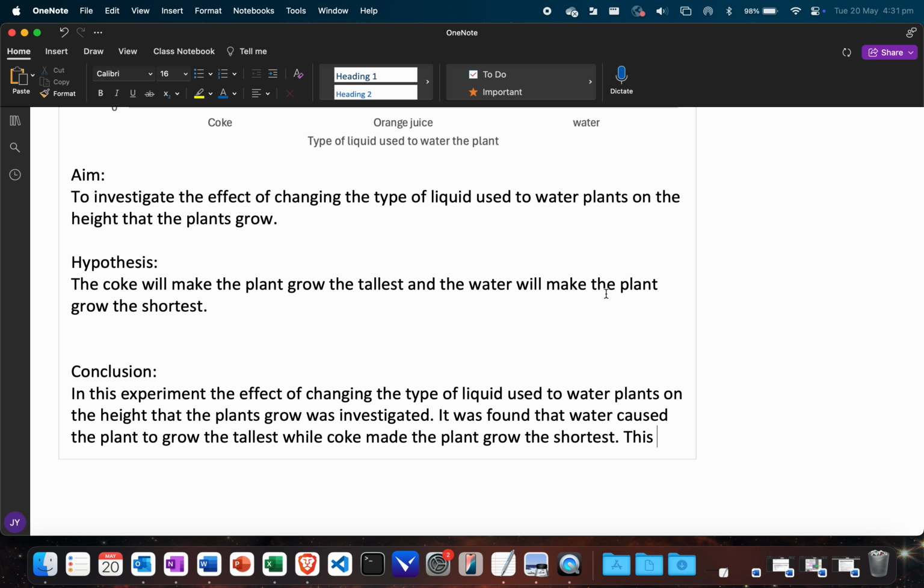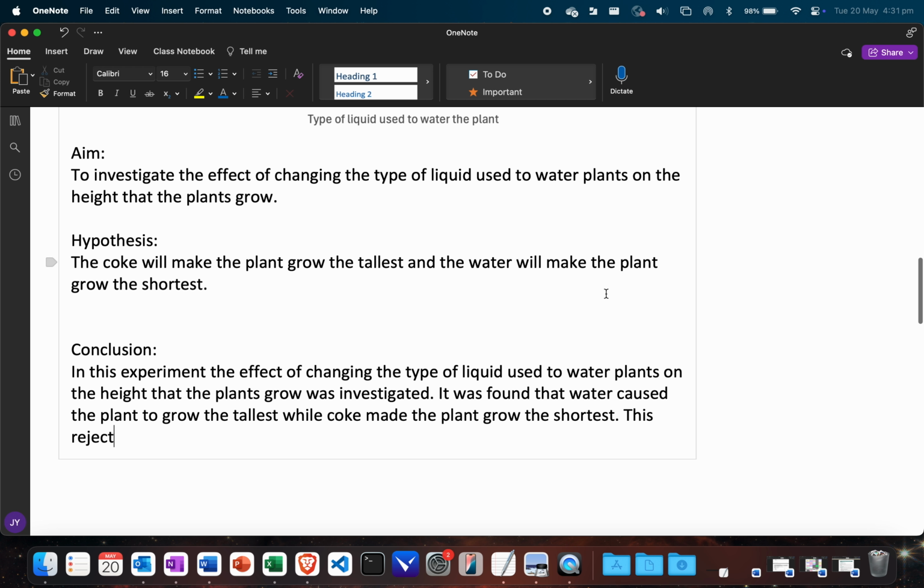This meant that the hypothesis was, you can either say confirmed if it was found to be true, or denied. Right?